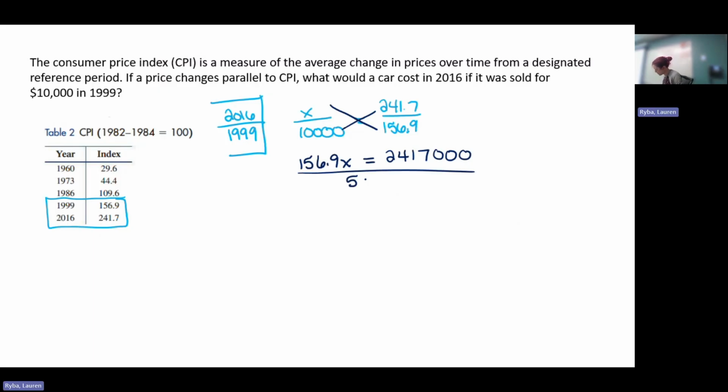And then I can divide by the 156.9. And when I do that, it's not going to come out exactly perfect, but I will round to the nearest cent because it is money. So $15,404.72.